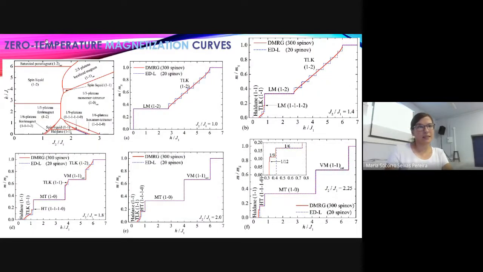And here are zero-temperature magnetization curves for several cuts of parameter space.